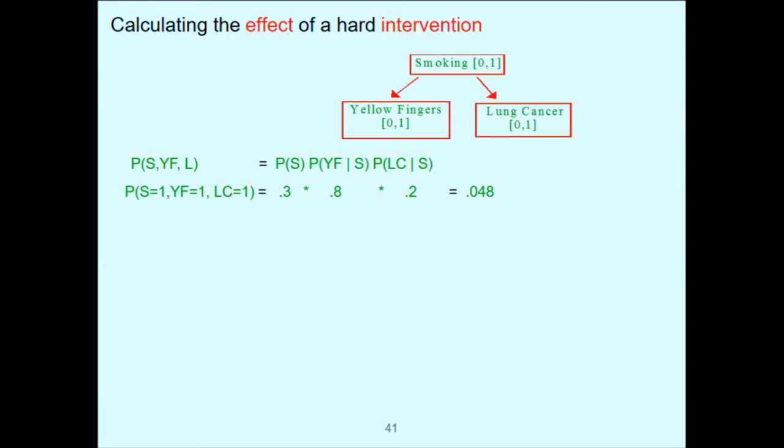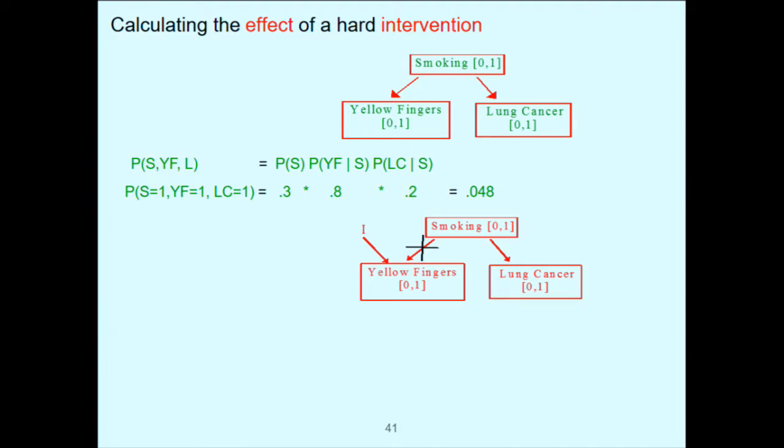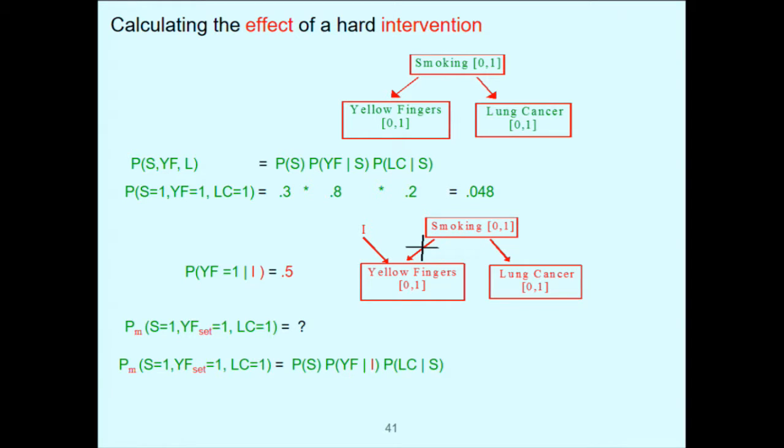So to be concrete, we had this originally, and now if we took the same graph but intervened on yellowed fingers, where we set the distribution of yellowed fingers equals 1 to 0.5, which we don't have to do, and we did the same calculation, we now multiply 0.3 times 0.5 instead of 0.8. 0.2 is the same, and so now we change from 0.048 to 0.03. Okay, so that's the difference there.